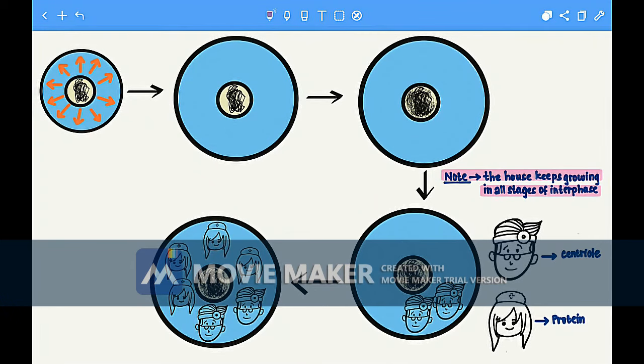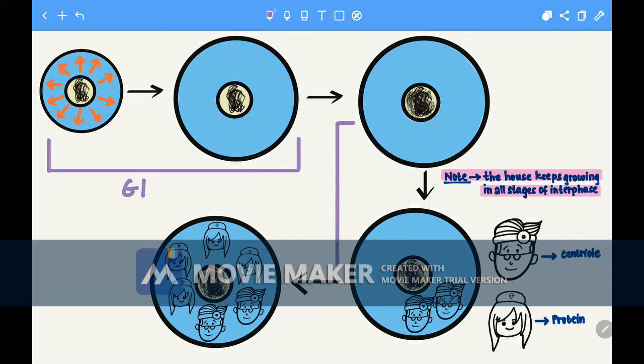Now let's associate the story with different stages of interphase. This stage is the G1 stage. This is the S phase.